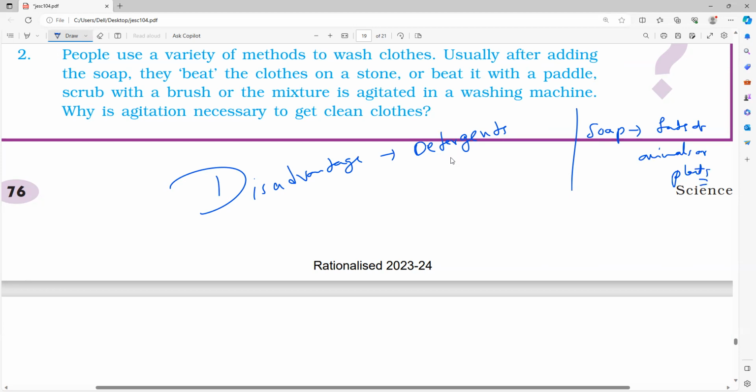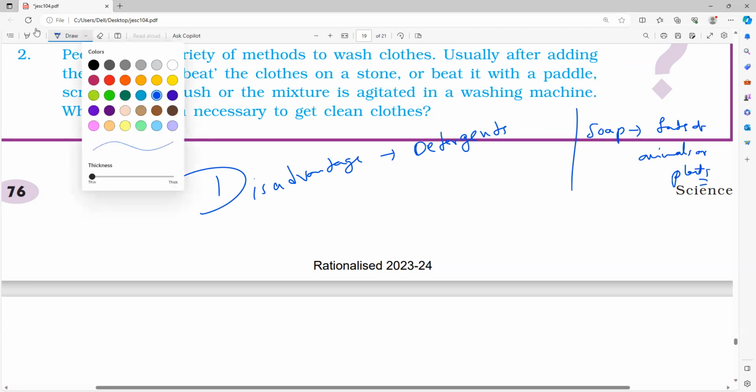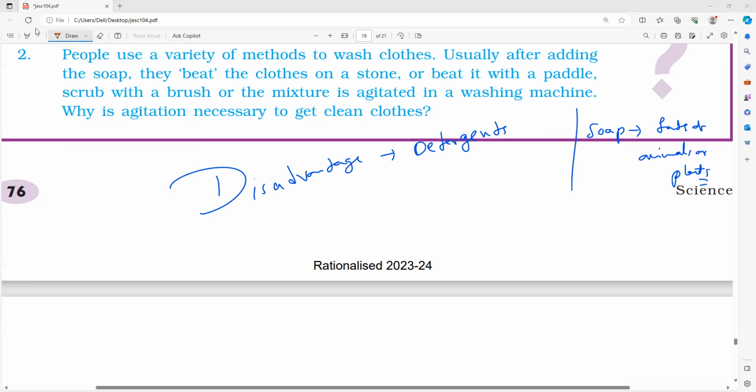Am I right or wrong? So are they biodegradable or non-biodegradable? They are all biodegradable. So they can easily dissolve, and they do not have any harmful action on nature.